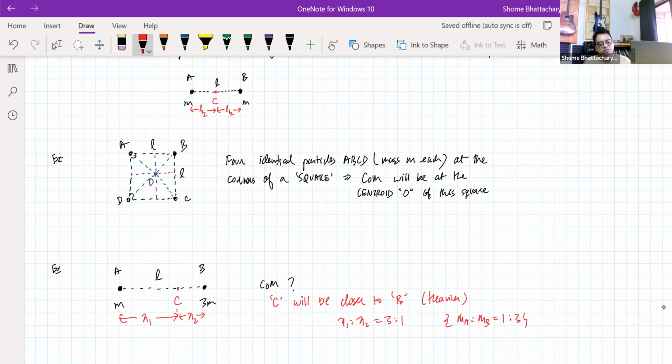So the center of mass divides the distance between them in inverse ratio of mass.